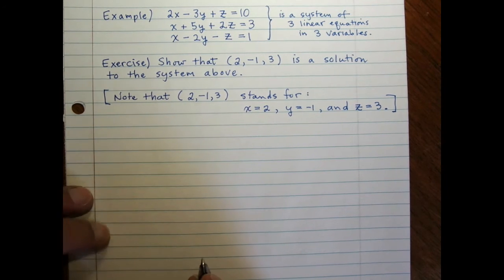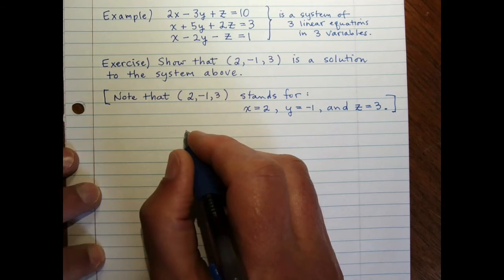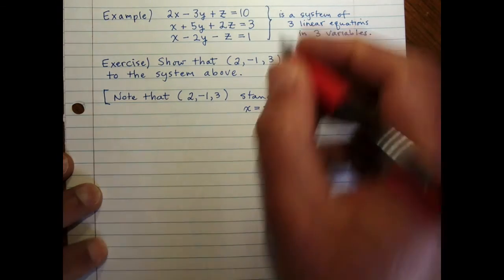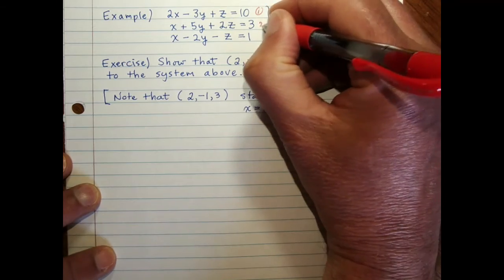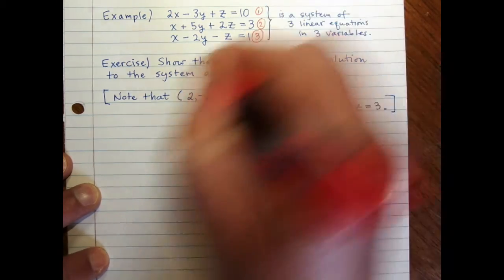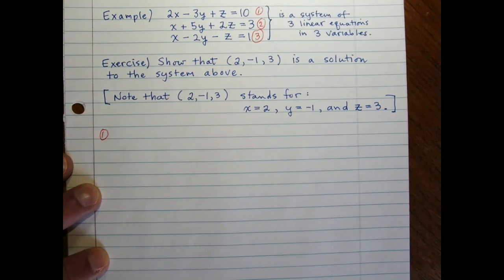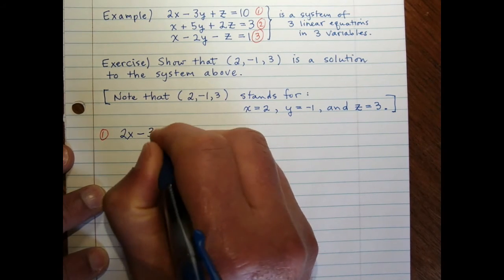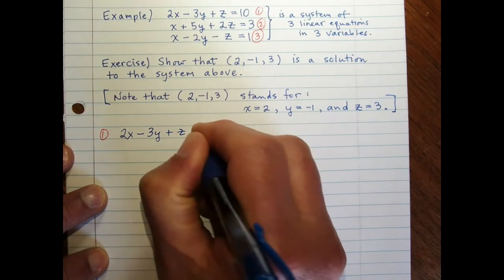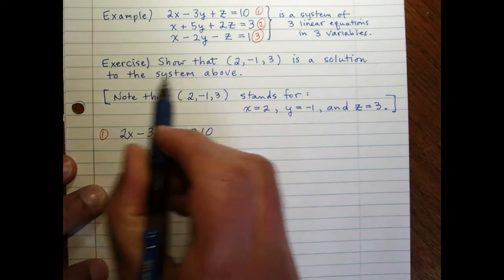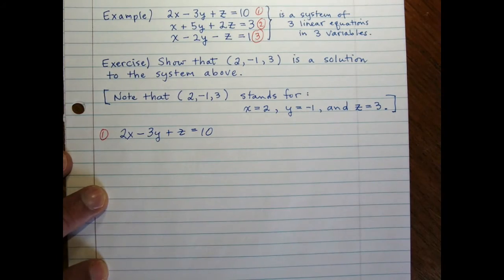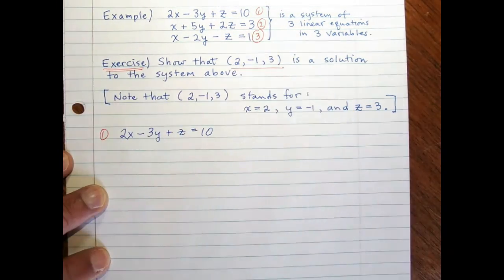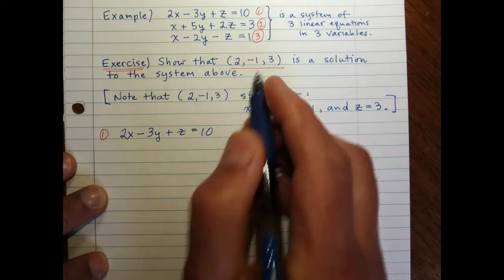So what we need to do is verify in each one of the three equations, right? We got 1, 2, 3 equations. Here I'm going to take my first equation and just recopy it: 2x minus 3y plus z equals 10. So to do our exercise here, where we want to show that 2, negative 1, 3 is a solution, I have to plug in.